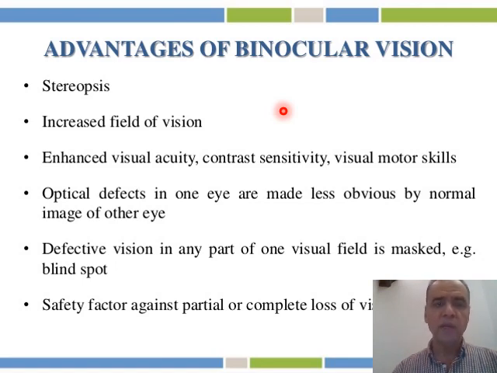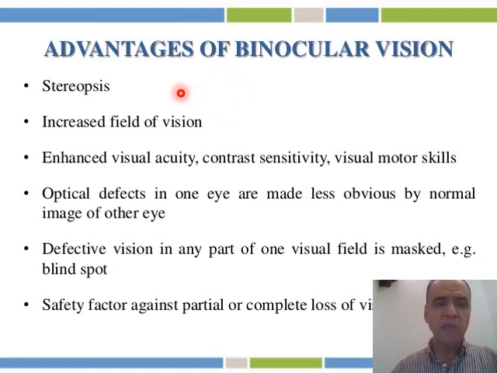And in this way, we lose the advantages of binocular single vision. First of all, fine stereopsis: using both eyes simultaneously with good visual acuity, we can get a sense of depth.